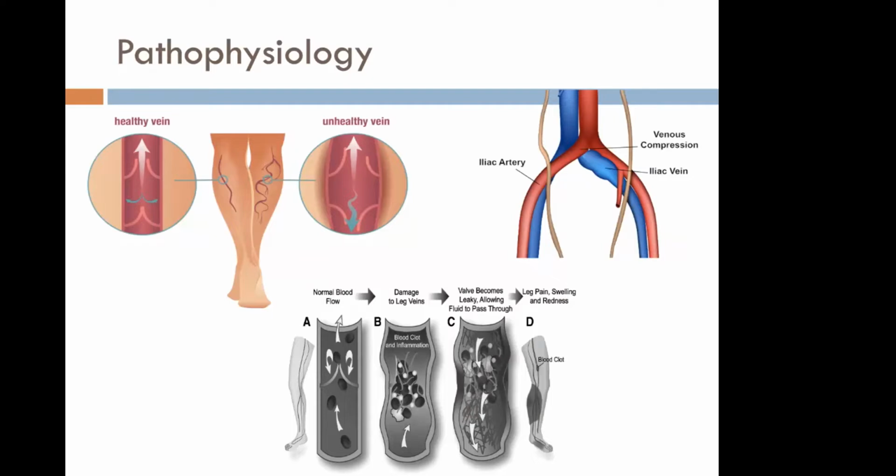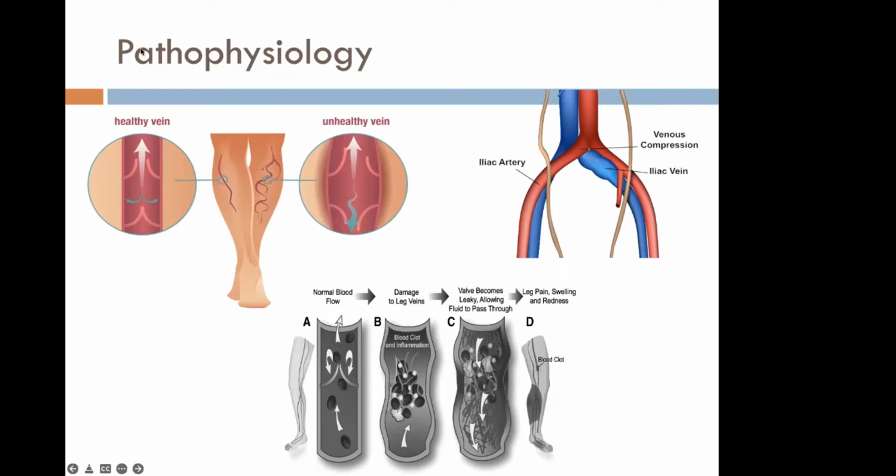Now, when you look at the pathophysiology, it's predominantly valvular incompetence, which results in reflux, especially in the superficial venous system. Yes, it can occur in the deep system as well as in the perforating veins.